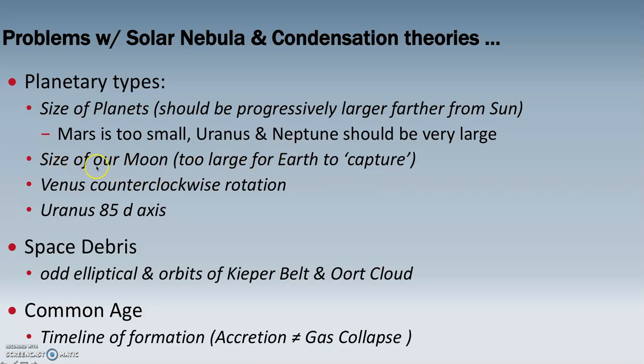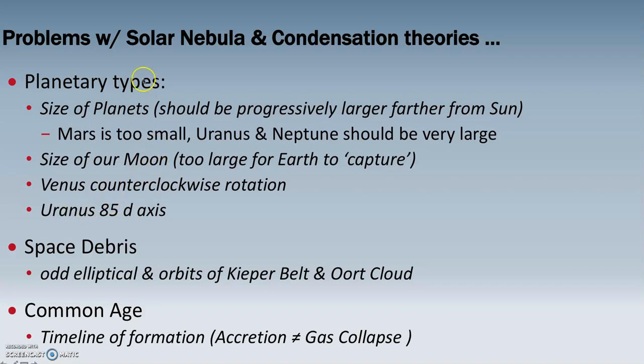Nothing explains the size of our moon, which is too big for us to capture with our gravity. So that's another conundrum. Nothing explains the Venus counterclockwise rotation in what we've heard about for the theories so far. Nothing explains Uranus in that very strange axis that it's on. It practically keels over at 85 degrees.